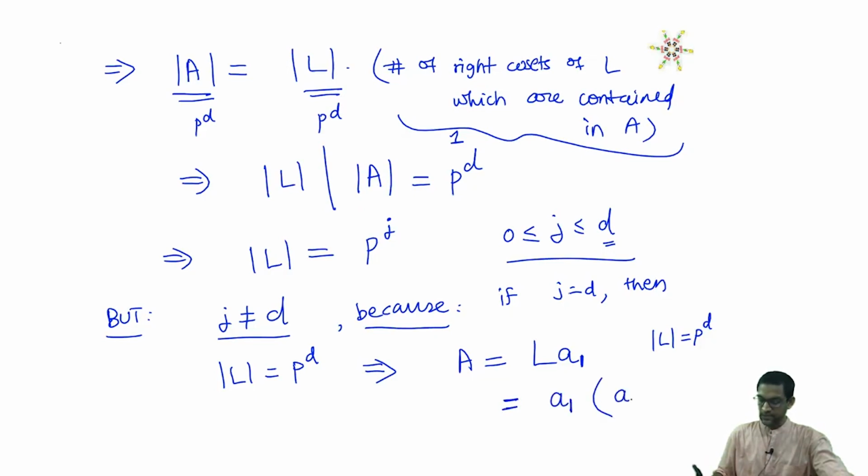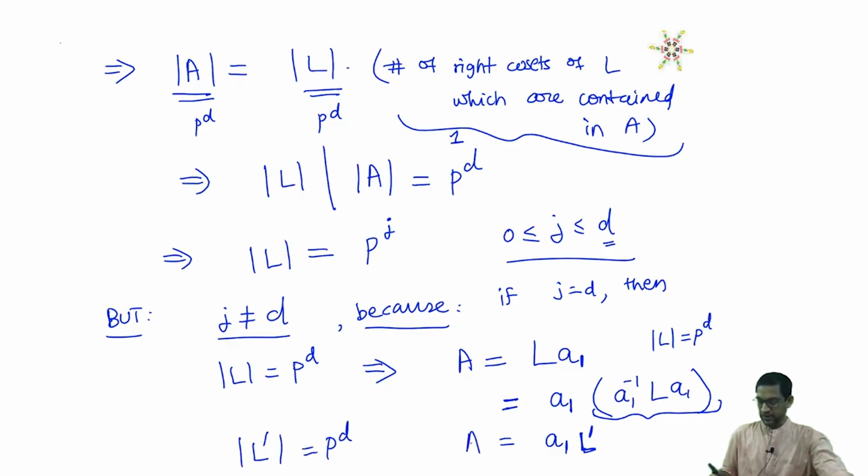Let me rewrite this as follows: A1 inverse LA1. This is just a conjugate of L, so I will call this L dash. What is L dash? L dash is another subgroup whose cardinality is p power d.